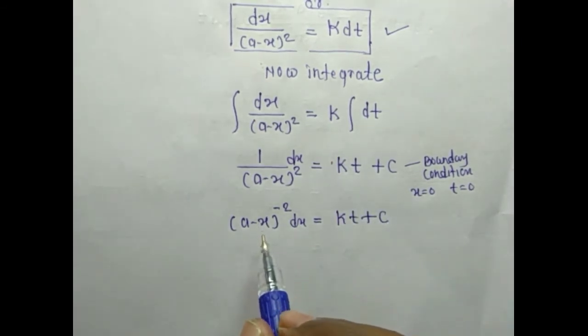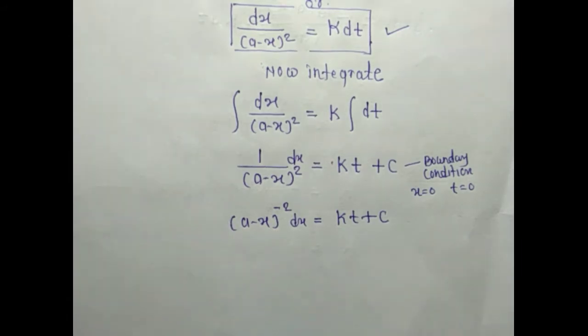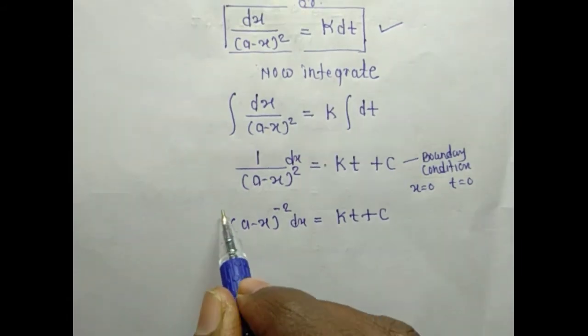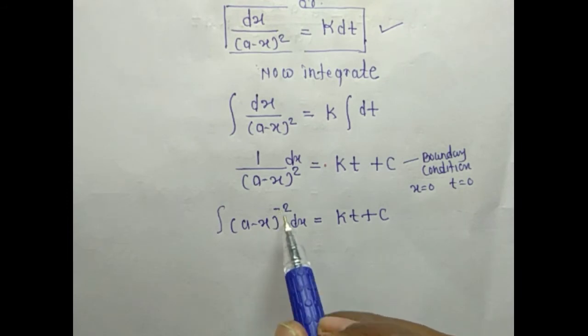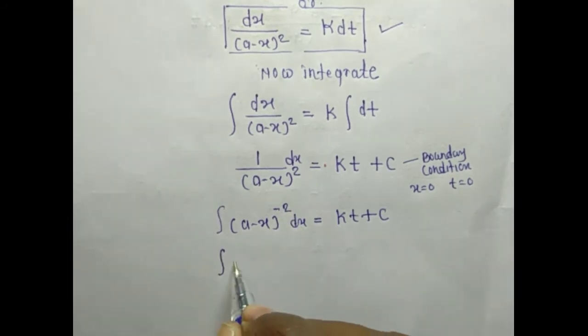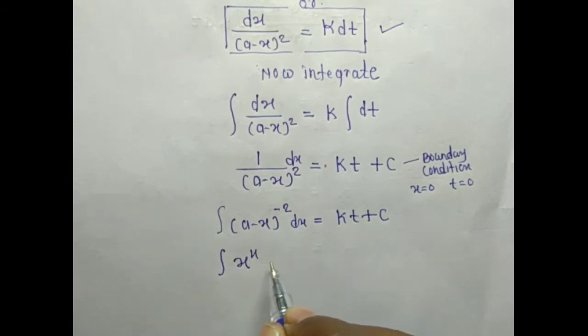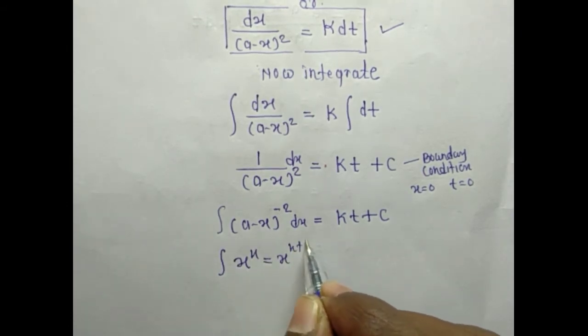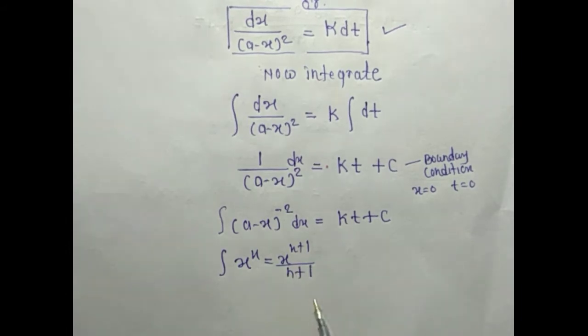And if we integrate this equation by taking the integration of (A minus x) raised to minus 2, we use the power rule, that is x raised to n integrates to x raised to n plus 1 upon n plus 1.